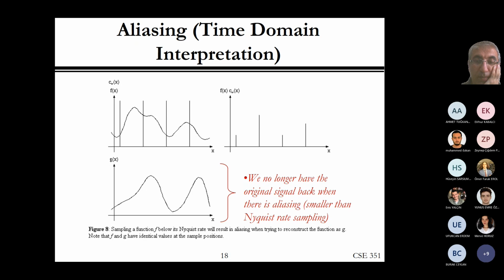And because we didn't follow the Nyquist rate, we sampled every Ts, in other words, equal to 1 over Fs.